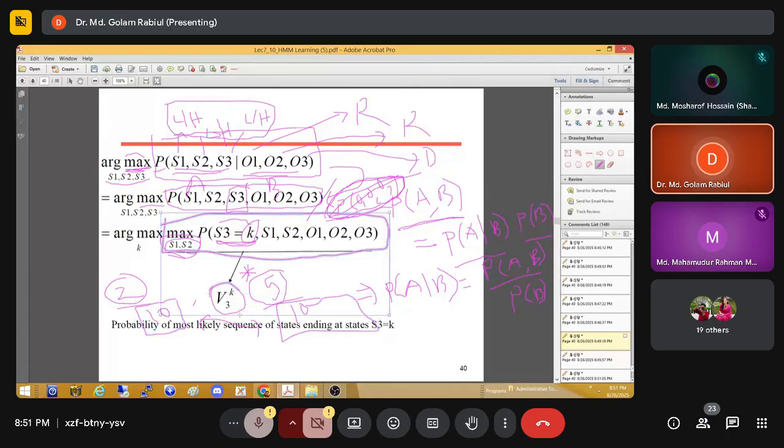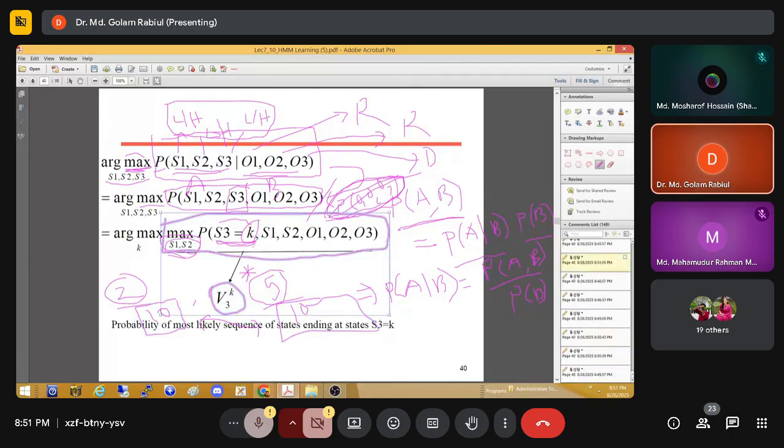And as we know S3 equals K, that's why here it is K. So this is just a symbolic representation. Assume that this is equivalent to V3K.